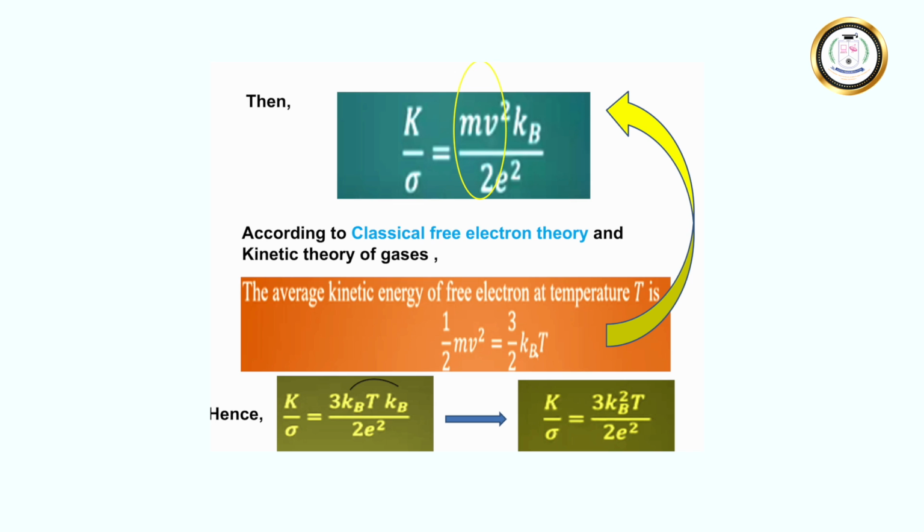So, I am substituting this term in our K by sigma ratio, then it will give 3 kBT into Kb divided by 2e square.